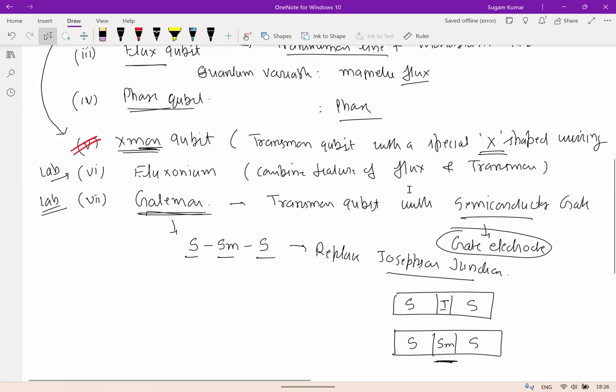A bit about different types of, I can say, qubit in the superconductor platform. Fine, shall we go ahead? So now see.